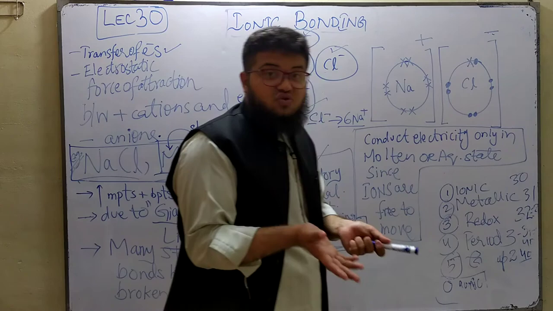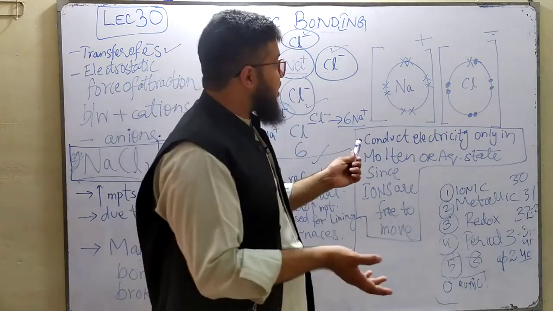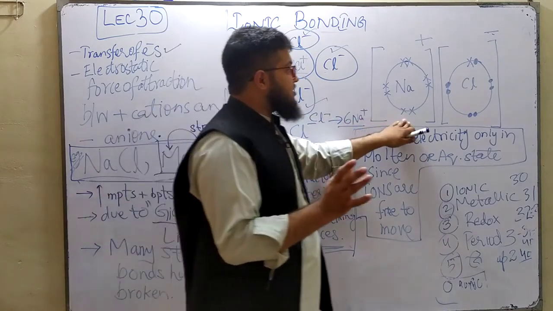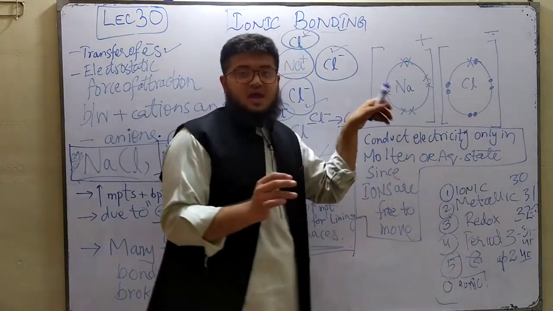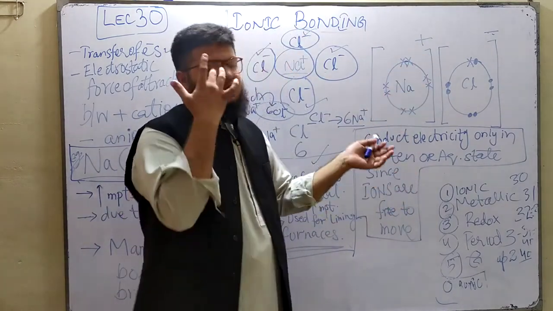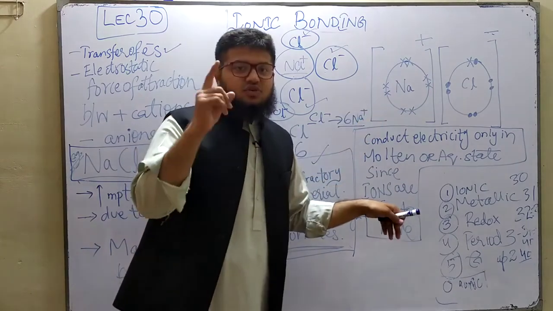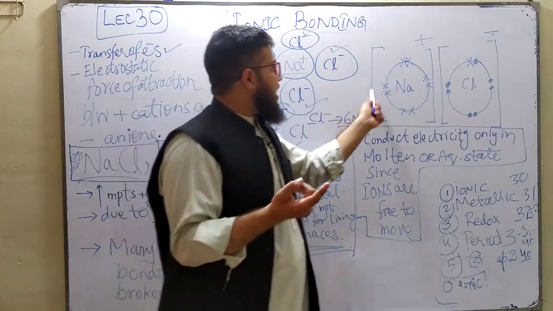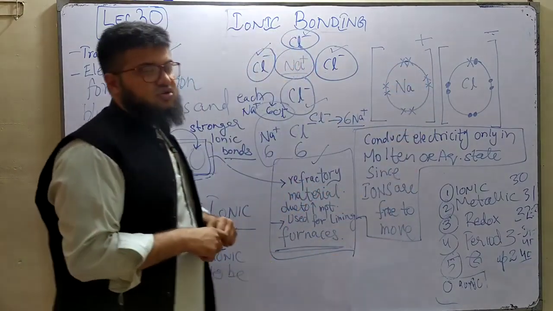If you are asked to draw the dot and cross diagram of sodium chloride, you are supposed to show the outer shell electrons only. The sodium has lost its electron and completed its octet. There was just one outermost electron in sodium, so it lost that electron, and 8 electrons are left in its outermost shell.